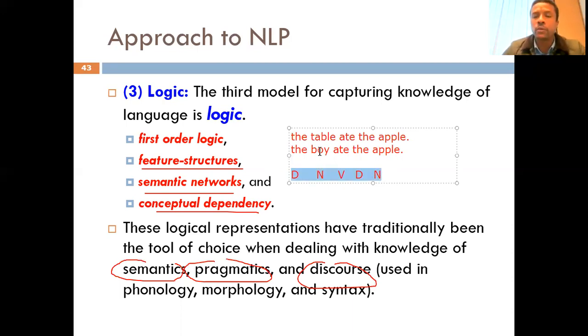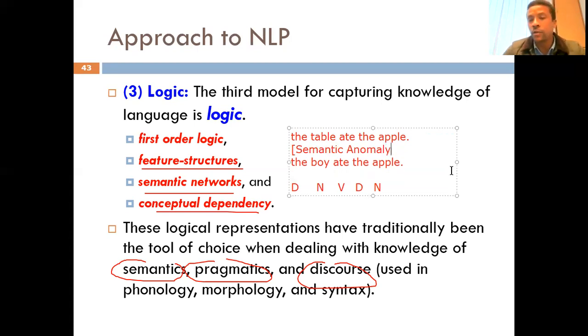But the only problem that we have here is, while boy is an object that can perform the action of eating, table, contrary to that, cannot perform this action. And the relationship between table and the action of eating can only be expressed through knowledge of logical relationship. That's why we say this sentence has a semantic anomaly.